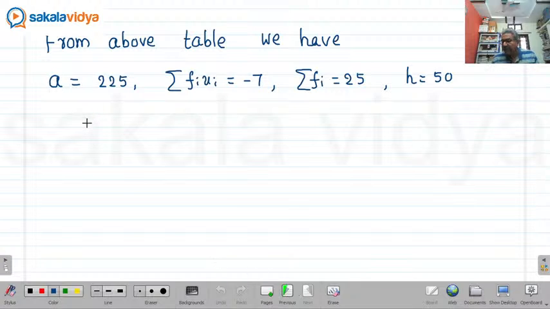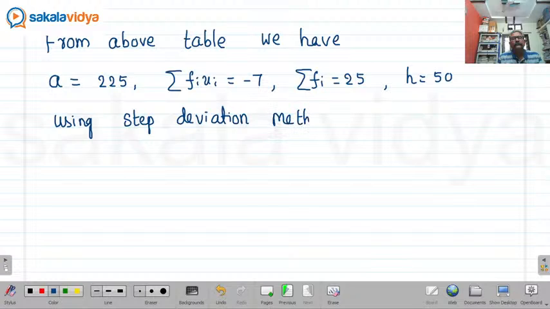Okay. So using the step deviation method, formula. What is the formula? You need to write the formula.